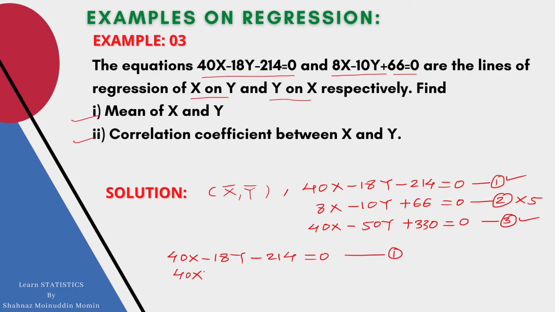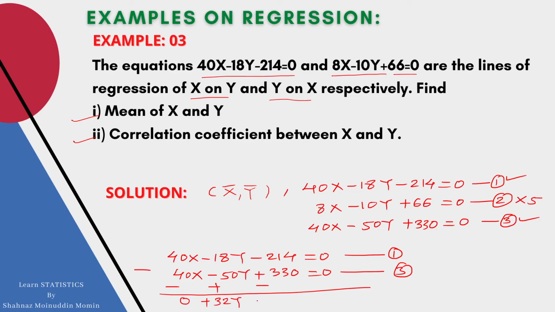In mathematics we have already learned how to solve two equations simultaneously. Equation number 3. By subtracting equation 3 from 1, we get 0 for the x term, and this one is 32y minus 544 equal to 0.